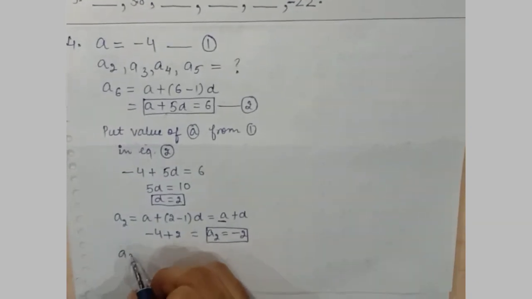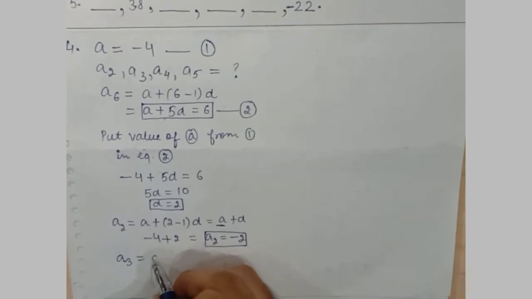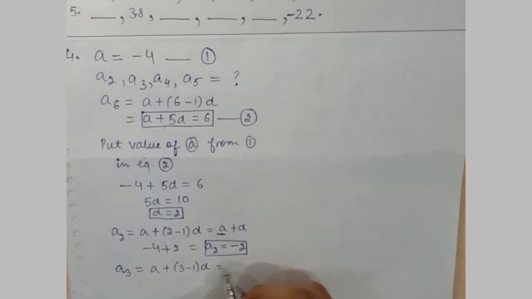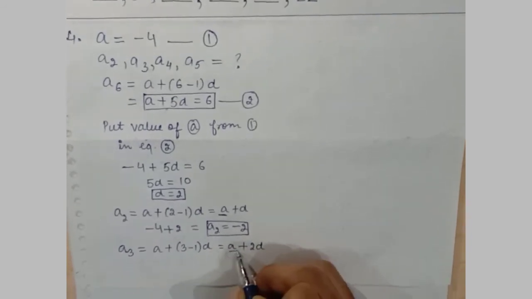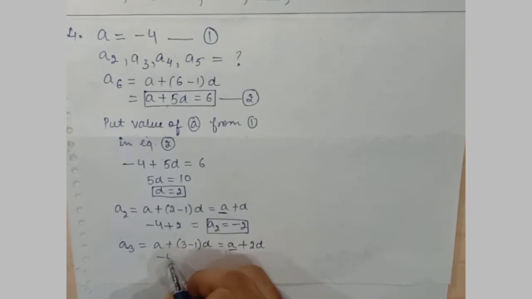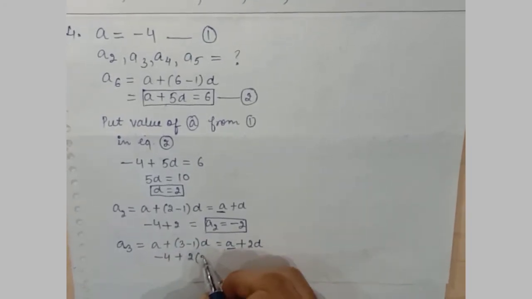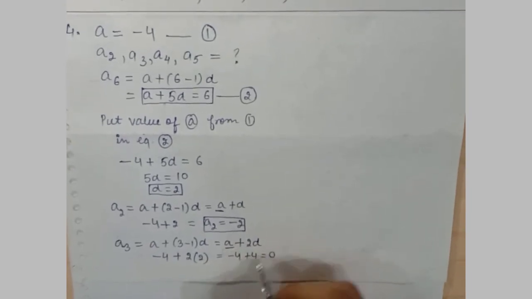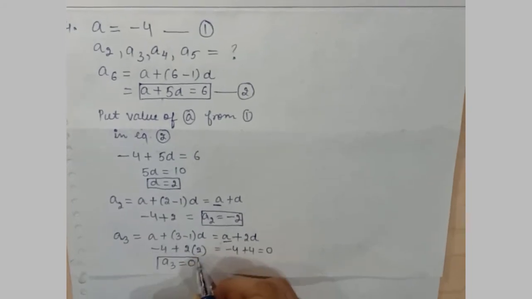For the third term, a3 is a plus 3 minus 1d. We can write it as a plus 2d. A is minus 4 plus 2 into d is 4. Minus 4 plus 4 is 0. A3 is 0.